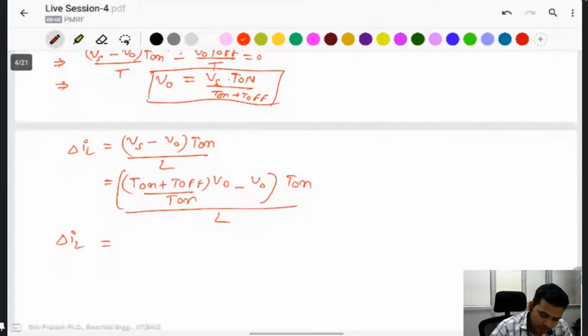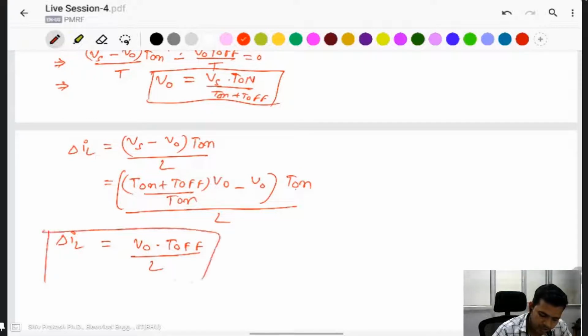Then you find V output into T off. You can also find T on cancel out here, and divided by L. This is delta IL for the buck converter.